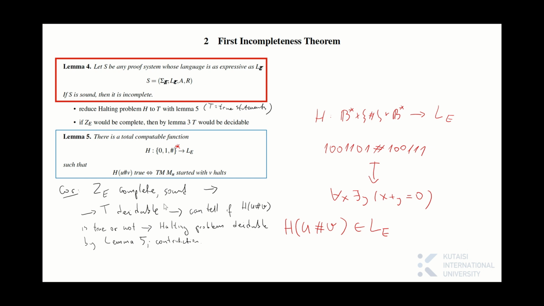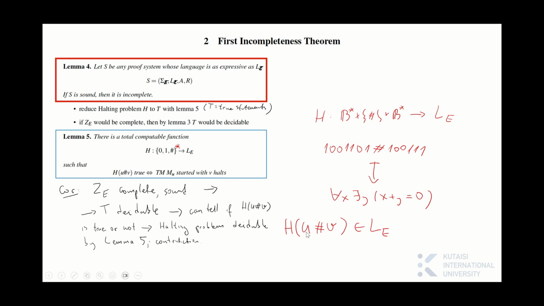That means, if it's complete and sound, I can just enumerate all proofs, see which statements are proven, and then everything can be proven or disproven, so I know the true statements. That means T would be decidable. T is decidable if I have such H, which means I can always say whether M_U on V halts, because H of UV is in LE, and this is a statement about natural numbers.